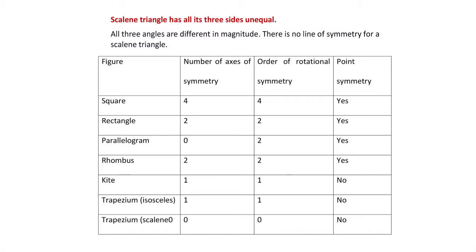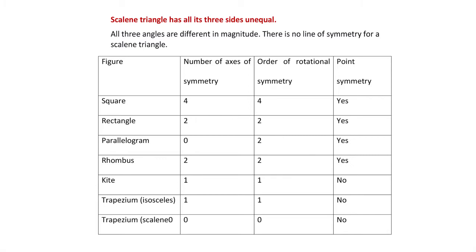A kite, like we saw earlier on, has one axis of symmetry, and the order of rotational symmetry is 1. But it has no point symmetry. An isosceles trapezium has one axis of symmetry and rotational symmetry of order 1, but no point symmetry.